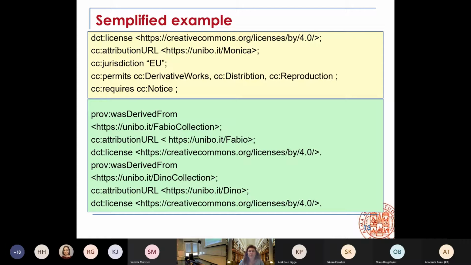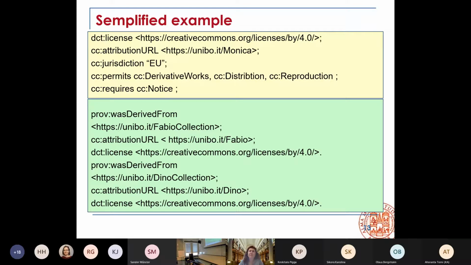And what we suggest is to enlarge it using also the provenance of the PROV ontology, and to include also the provenance of the other datasets and the other licenses, in order to attribute the correct chain of the life cycle of this dataset at hand, which is the result of mixed data.